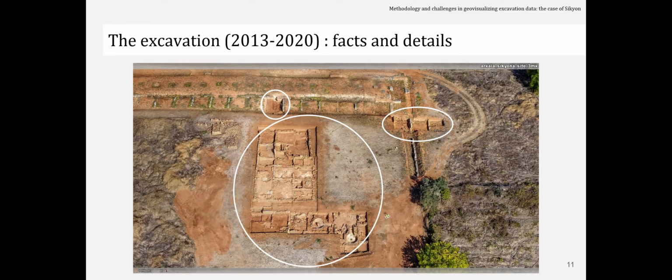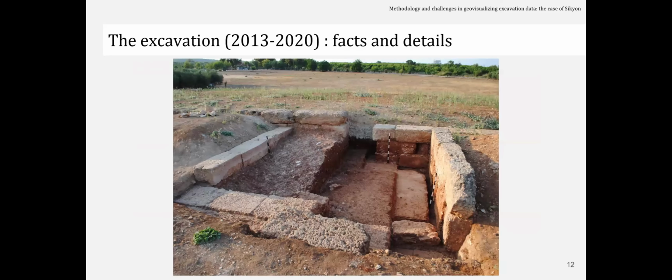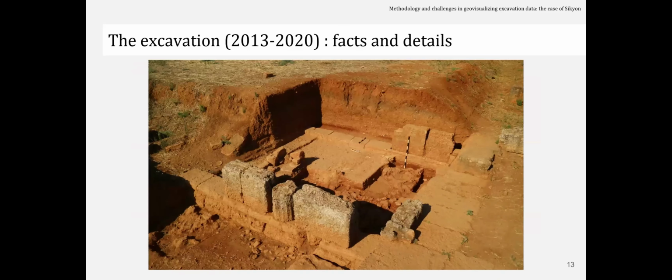The first in the second half of the 1st century to the first half of the 2nd century CE, the second in the second half of the 4th century CE, and the third and last one in the 6th and 7th century CE. So here is one of the rooms of the south stoa that we excavated.